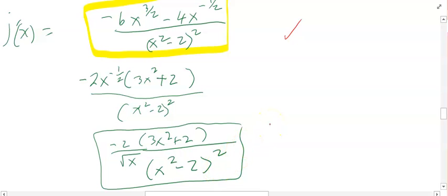It is also okay to just factor out a 2x to the negative 1/2 out of the top.